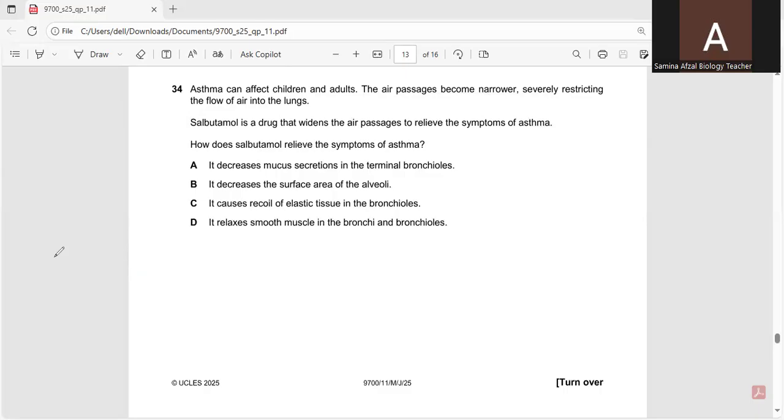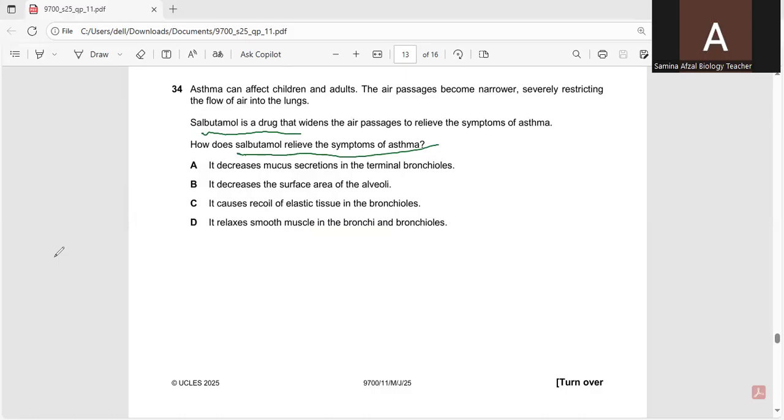I would like to discuss salbutamol. How does salbutamol relieve the symptoms of asthma? They have given us the 4 statements. First of all, I would like to discuss how this drug causes the smooth muscles.